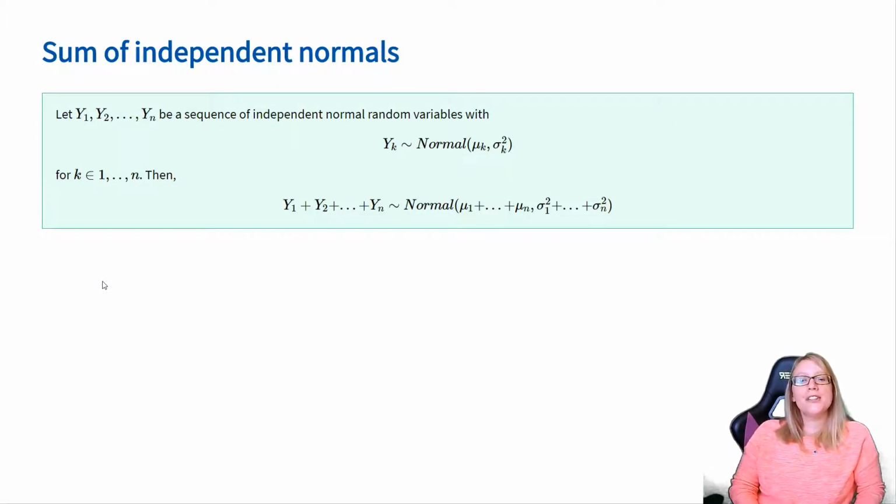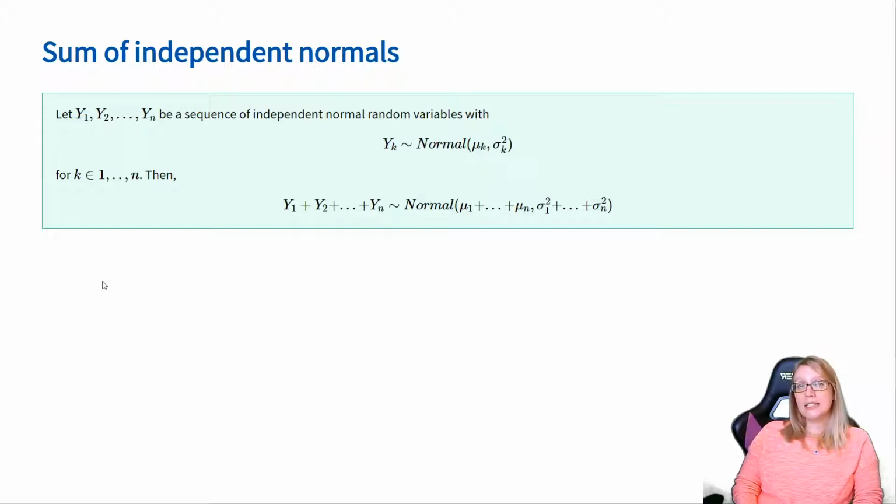Okay, so let's take a look at one result related to adding normal random variables together. Let y1 through yn be a sequence of independent normal random variables, each with a potentially different mean, say mu sub k for yk, and potentially different variance as well, sigma squared sub k for yk. It turns out that if you add these normal distributions together, their mean is just the sum of the means.